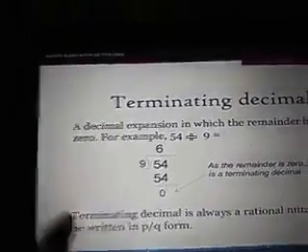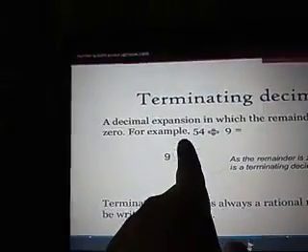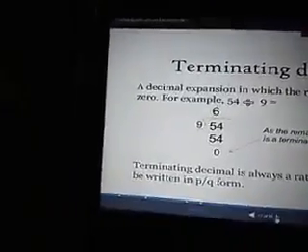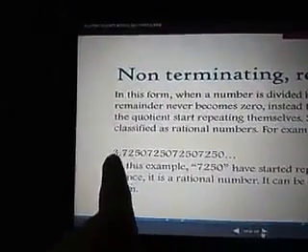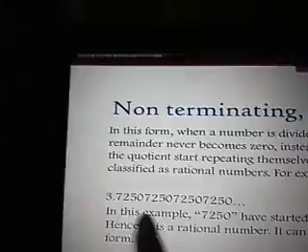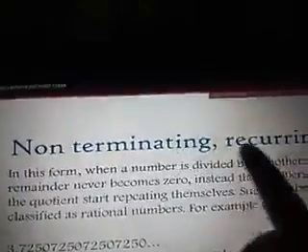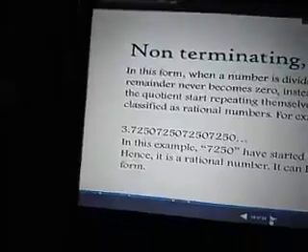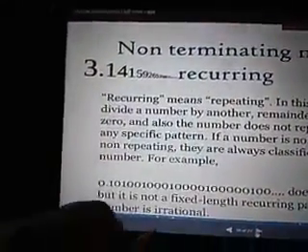So here is the terminating decimal: 54 divided by 9, which gives 6. It has terminated. Now coming on to non-terminating and recurring, see this one, 3.7250, 7250, 7250, 7250. It is being repeated. So it is non-terminating and a recurring one. And after that, we're coming on to non-terminating, non-recurring.